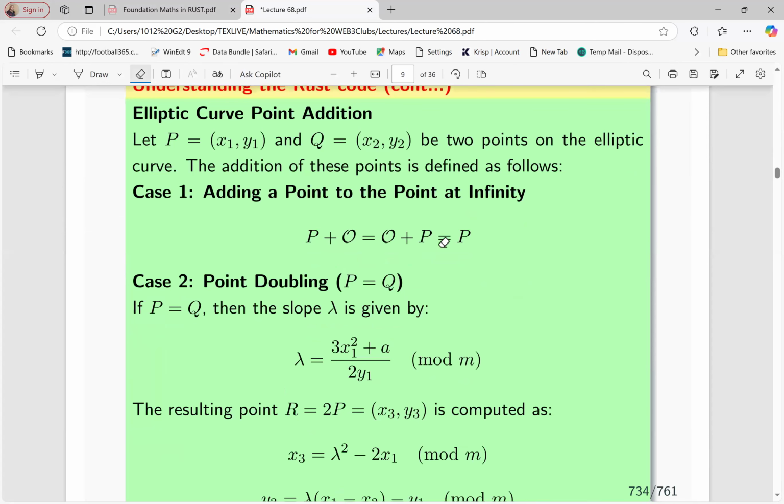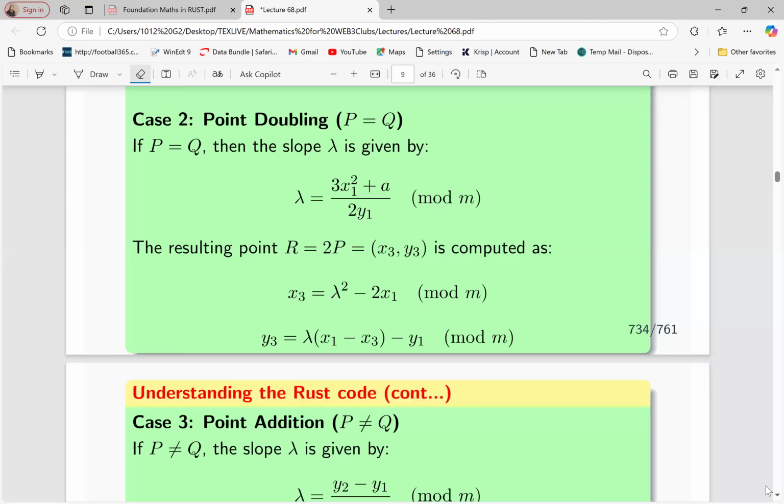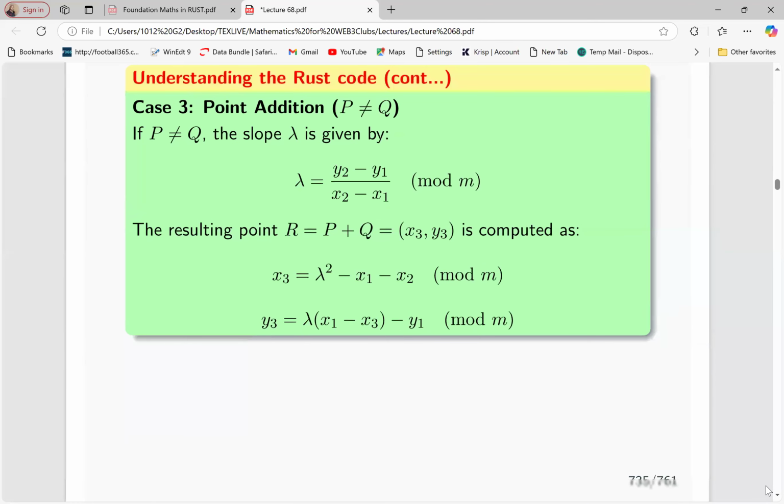If p is at infinity, the result will be q, and if q is at infinity, the result will be p. And when it comes to point doubling, I've shown the formulas, they are there in the code, and that is exactly what is happening in the code.